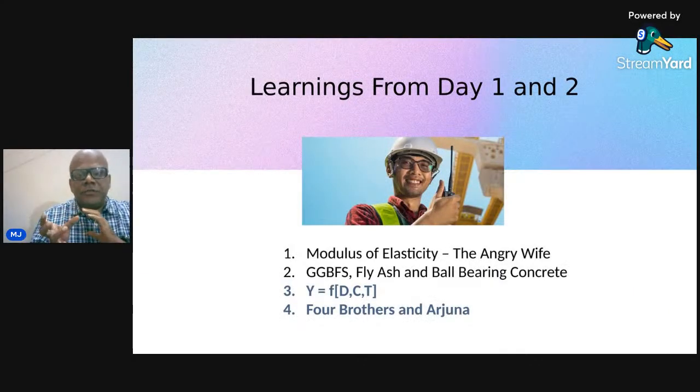Before I go ahead, let's very quickly go through what we learned. We learned about modulus of elasticity, right? We learned how the stress increases the strain, that is modulus of elasticity. Aggregates are very strong, with not so much change in their length, even if the stress increases. Our cement paste, which is inside the concrete, means water and cement hydrated together, CSH gel.